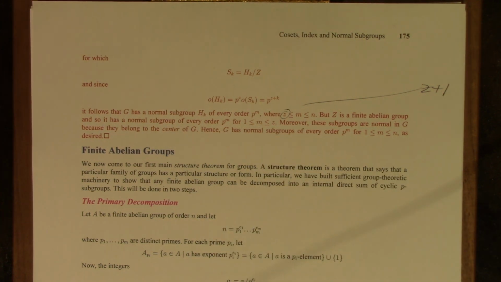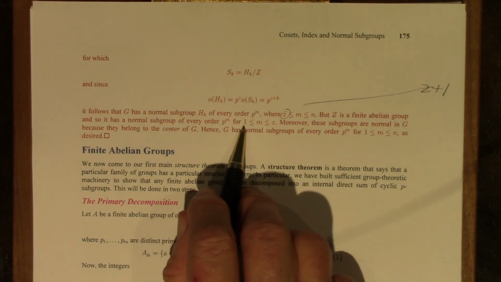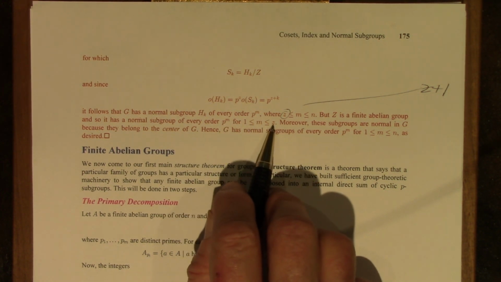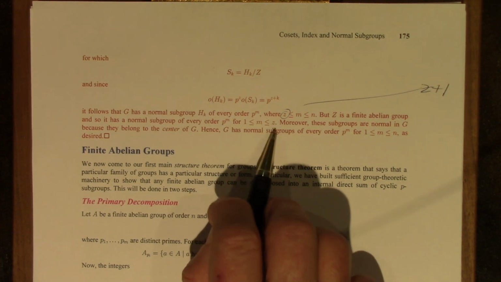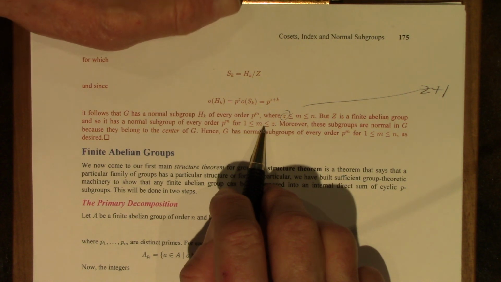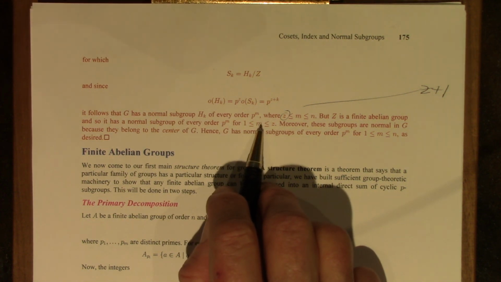But Z, which is the center of the group, is a finite abelian group, and so it has, by what we proved earlier, a normal subgroup of every order P to the m, where m goes from 1 to the order of the center, which is P to the Z. Okay. So also, these subgroups are normal in G because they belong to the center.